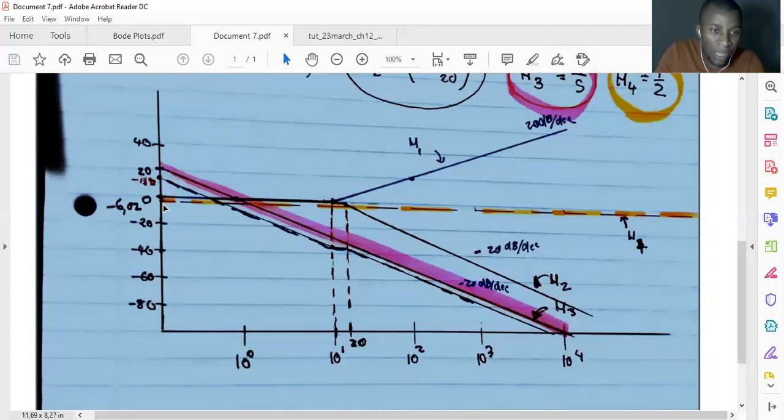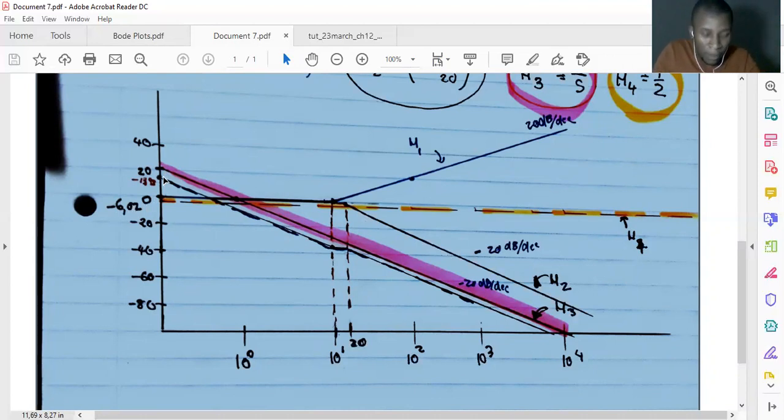But to start off, we have this transfer function of H4, which is negative 6.02, and then we add this transfer function here, it's 0. We add 20.